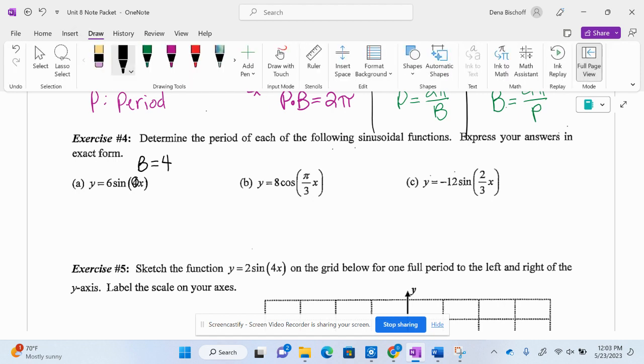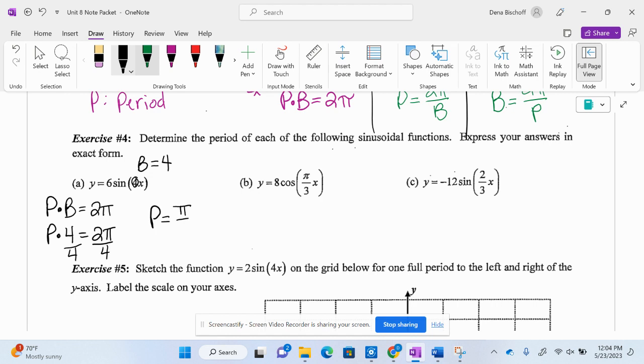Okay, so let's think about that. I know that the period times the frequency equals 2 pi. I know that my frequency is 4. So if I divide both sides by 4, I find out that the period is, let's see, 2 pi over 4 is the same thing as what?